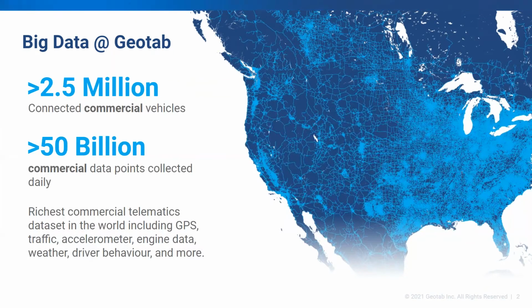There's so much more that we get in the sense of acceleration, engine data, and even data sources that include weather, and other insights that we can create based on this data that relate to understanding traffic, driver behavior, and amazing use cases in that sense.